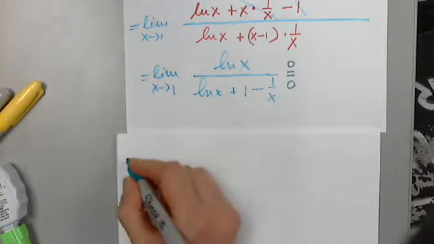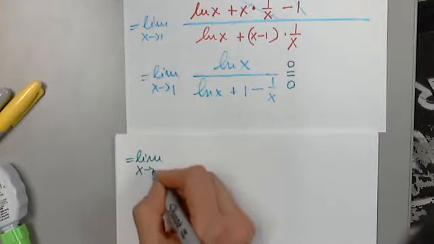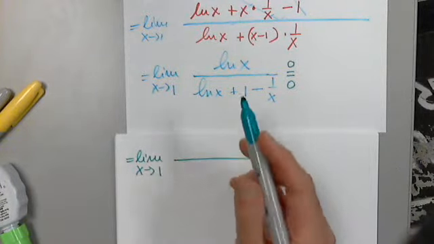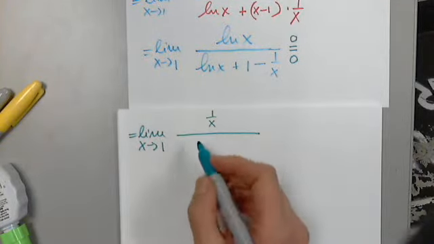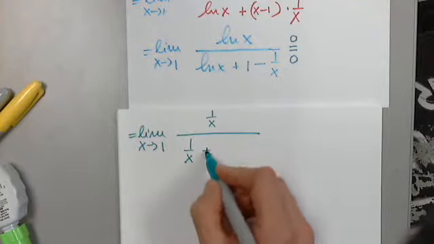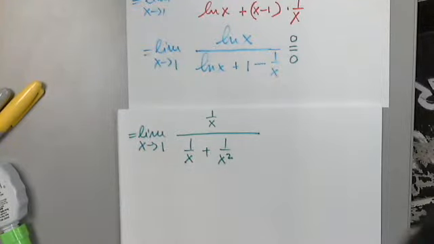Okay. Limit as x approaches 1. The derivative of the top is 1 over x. The derivative of the denominator is 1 over x plus 1 over x squared, because 1 over x prime is negative 1 over x squared, but with minus in front it will be positive. I don't want to do anything anymore.